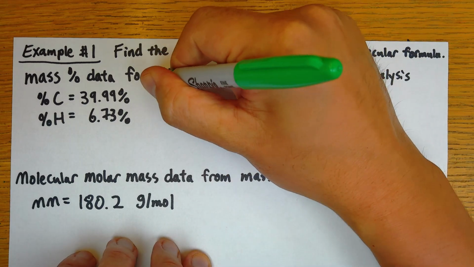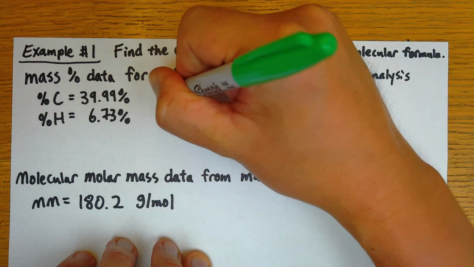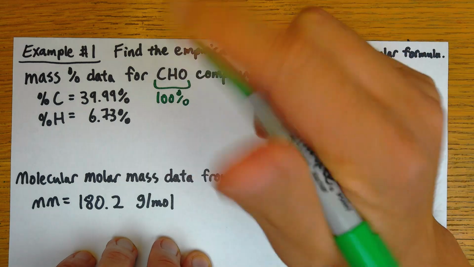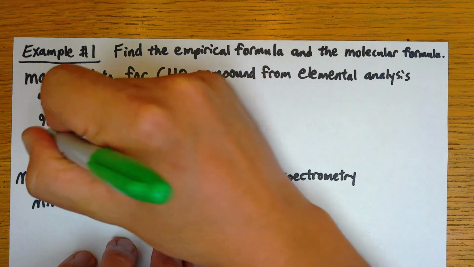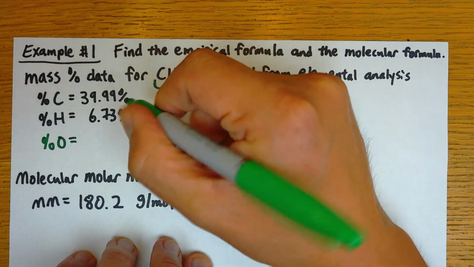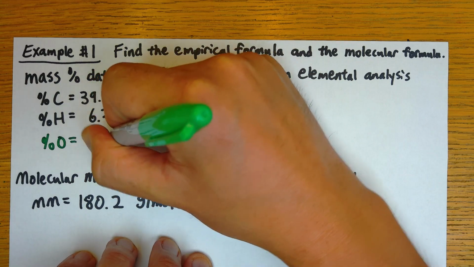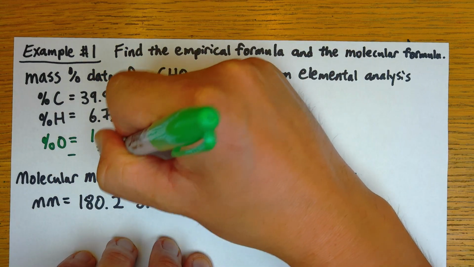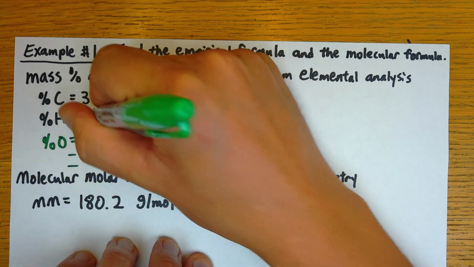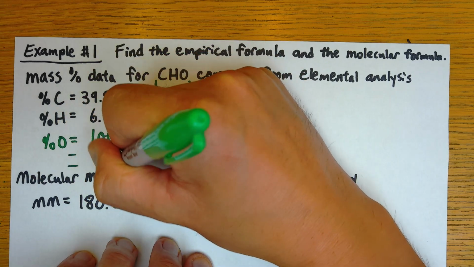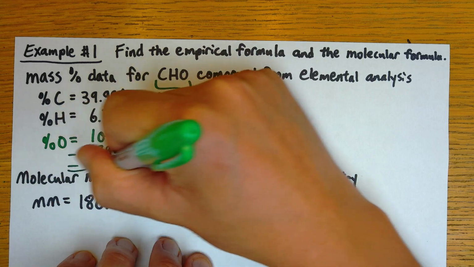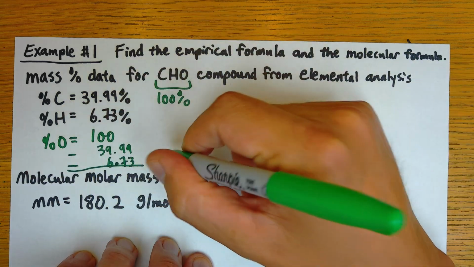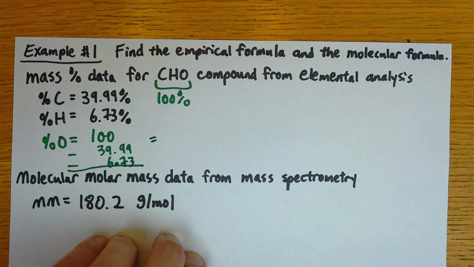So everything should add up to 100%, right? So that means to get the percent oxygen, we will do 100 minus 39.99 minus 6.73. I'm kind of out of space there, so I'll calculate it here.